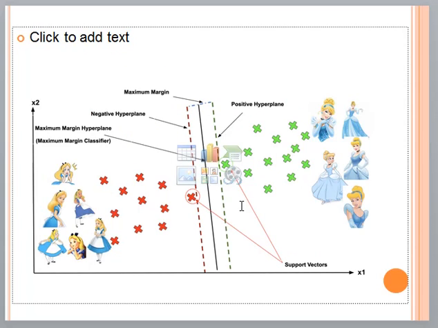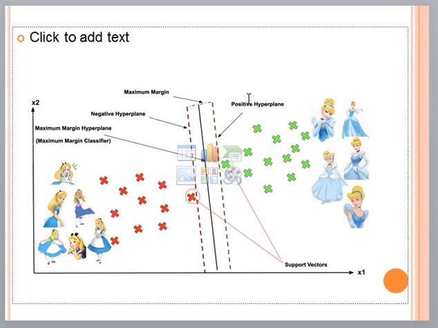So in this figure you can see the differences between normal points and the points which are support vector points. We have a hyperplane here, right? And we have two further hyperplanes, one negative hyperplane and one positive hyperplane, because one is for one category of the data and the other is on the other side of the data.